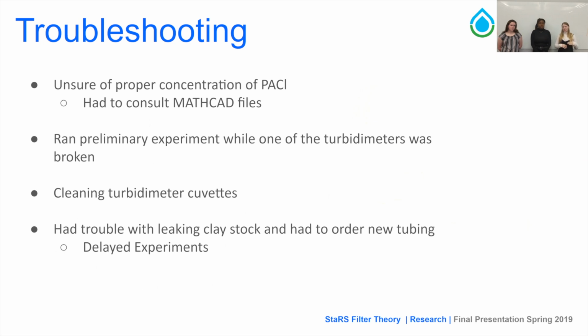We ran some preliminary experiments while one of the turbidimeters was broken, as well as we hadn't cleaned the turbidimeter cuvettes. So after replacing those two things, we can run new experiments, but that previous data is not exactly usable. We also had trouble with the clay stock leaking, so we've ordered new micro tubing to replace what was there previously to prevent that.